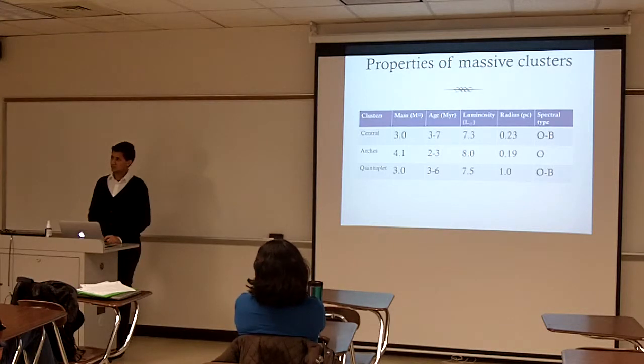So if you construct an HR diagram for the cluster and put the main sequence stars on it, see where the main sequence is, in general there will be a turn-off point, as the more massive stars evolve more quickly and turn off the main sequence. That point tells you the age of the cluster.